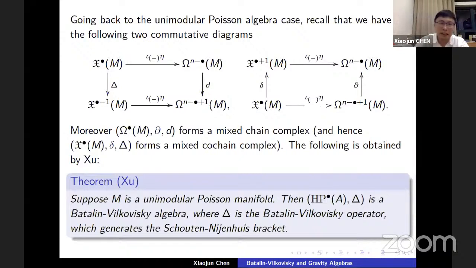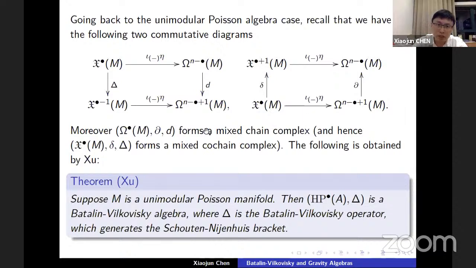So now I want to say some words about the applications of this isomorphism. First, let's go back to the unimodular Poisson algebra case, which was discussed by Ping Xu in his 1998 paper published in CMP. Let's recall that we have the following two commutative diagrams because we assume the manifold is unimodular.